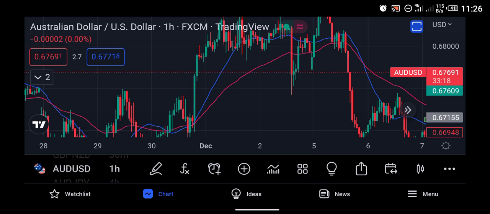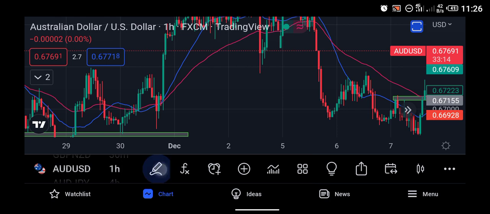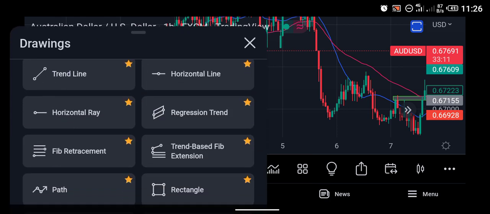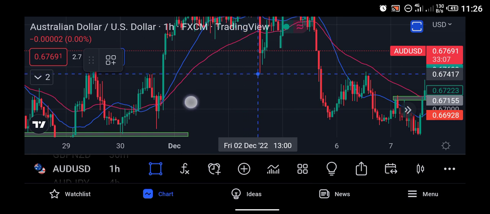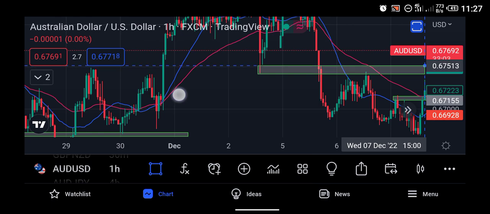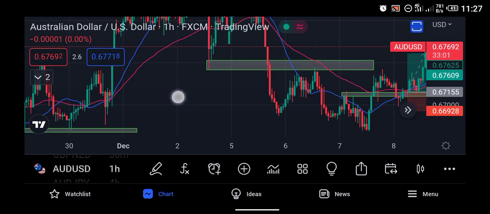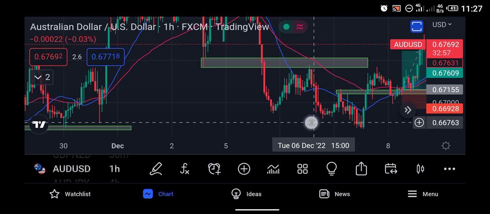It broke below it. After the price broke below this new low, what do you see? Price went back and retested this support that turned resistance. And after price retested it, you see an engulfing candlestick right here.